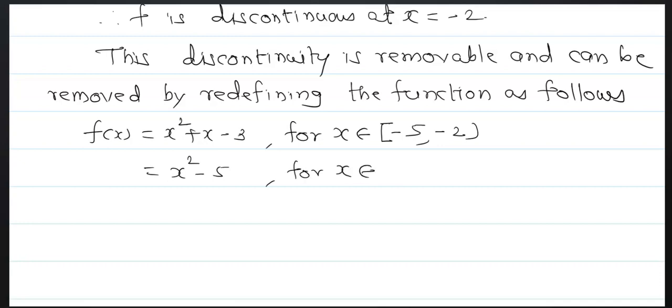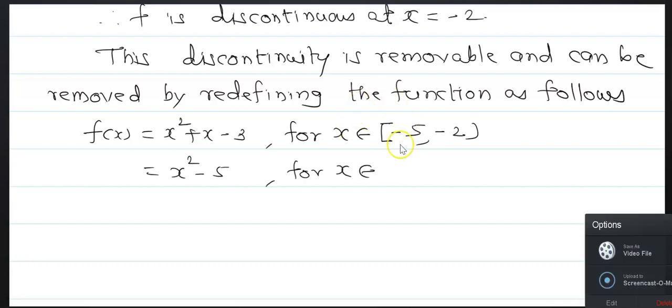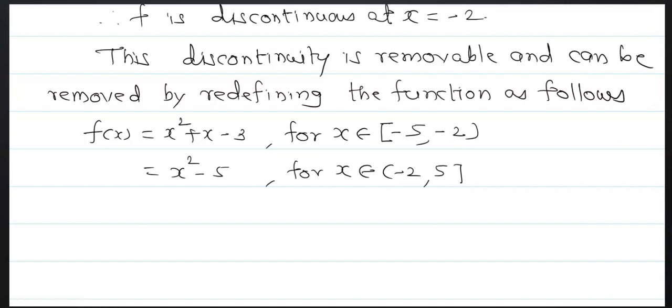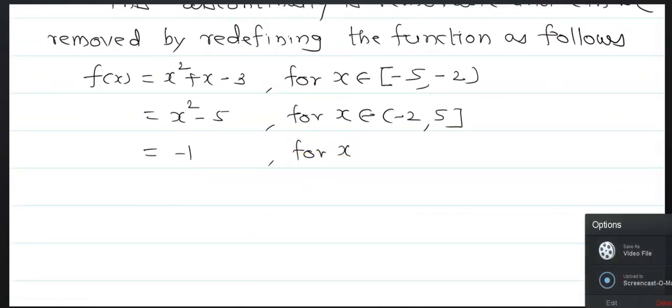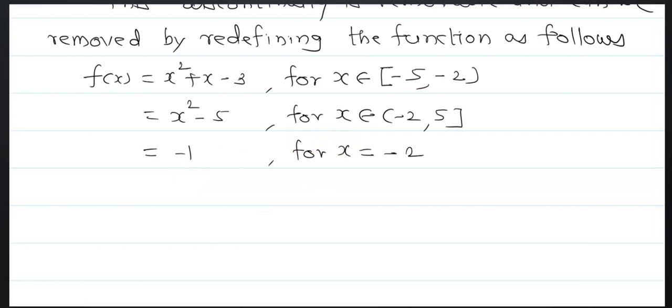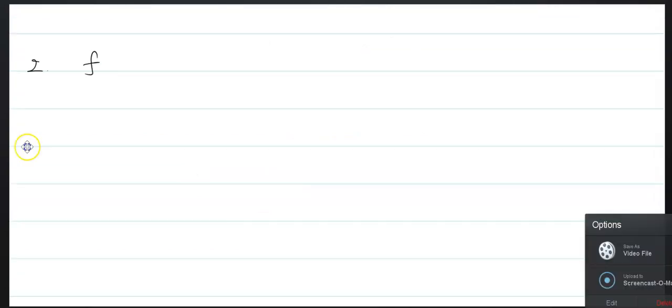F of x is equal to x square minus 5 where x belongs to open minus 2 and closed 5, and equal to minus 1 for x is equal to minus 2.